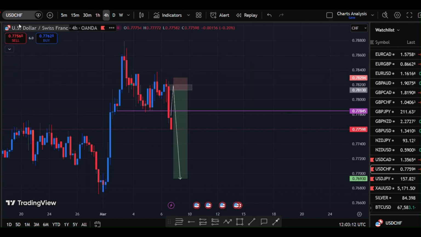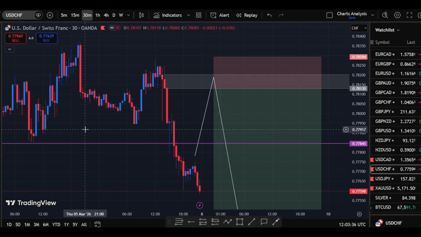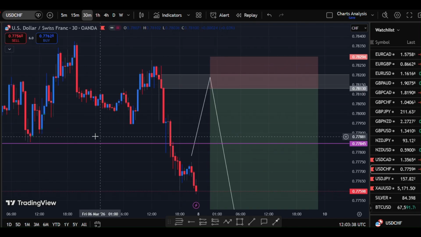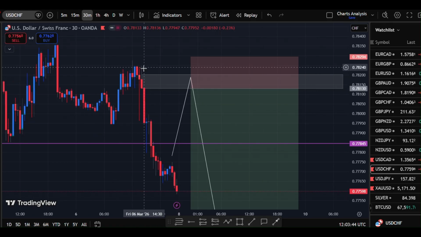And same goes for the USD CHF. As we can see, we have a clear break of structure on the 4 hours. Then we have a broken structure as well. And what I'm looking for now is the big momentum candles. Just before this, I marked this here. Look, we have a huge candle with imbalances.